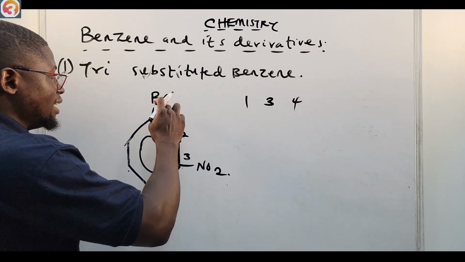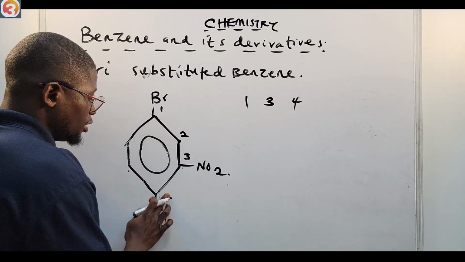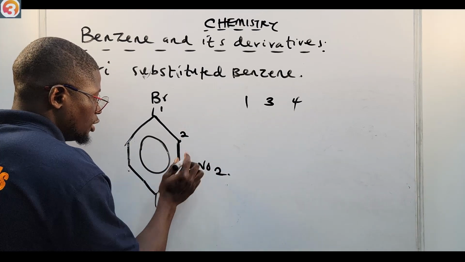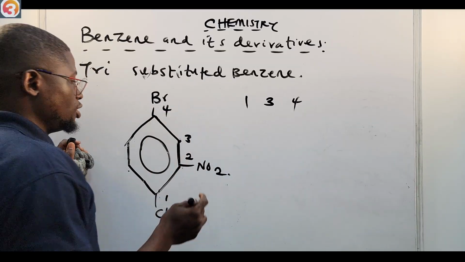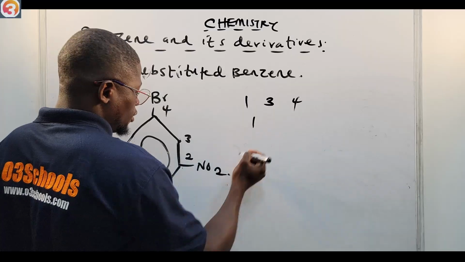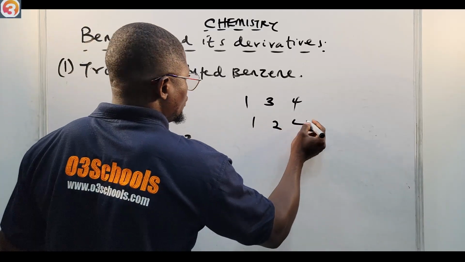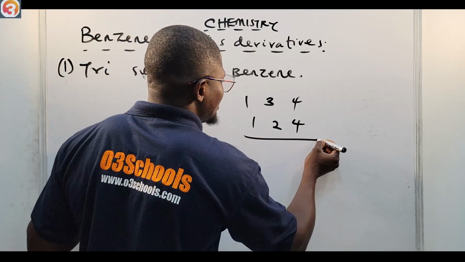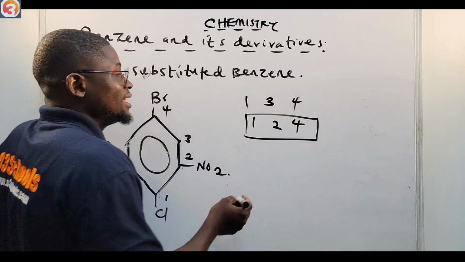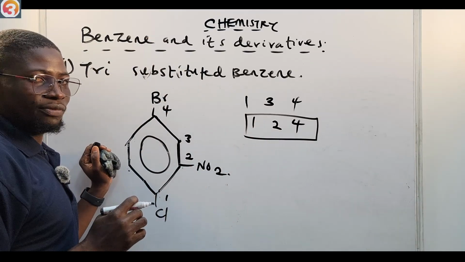If you number from the bottom to the top, here will be 1, here will be 2, here will be 3, here will be 4. So I'm going to have position 1 for chlorine, position 2 for NO2, position 4 for bromine. For that singular reason, this is a shorter link with shorter numbers. This is the numbering I'm going to adopt for this naming.